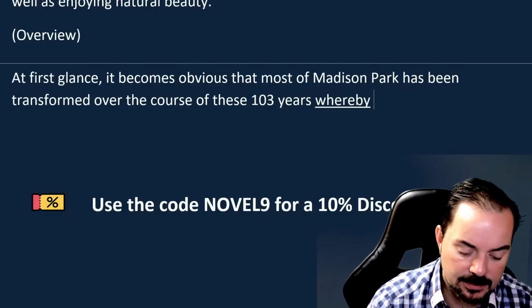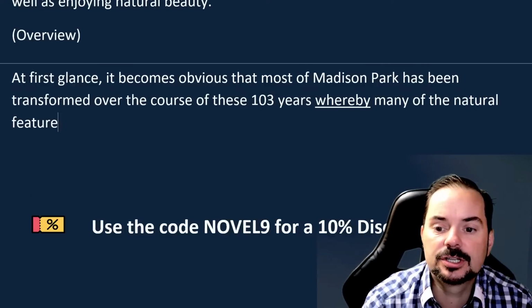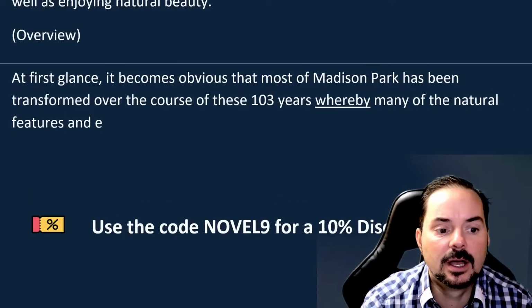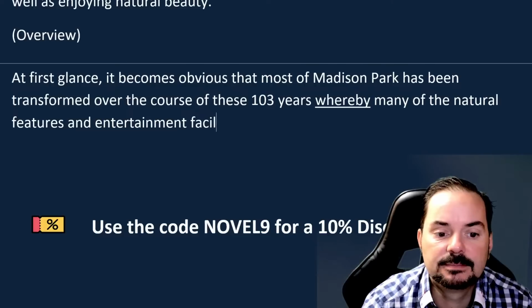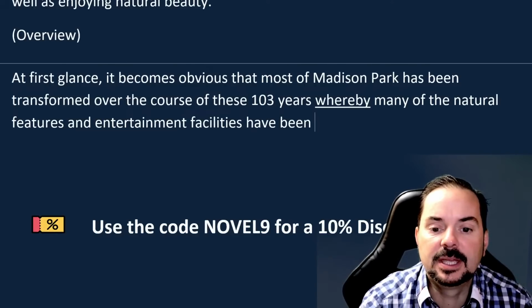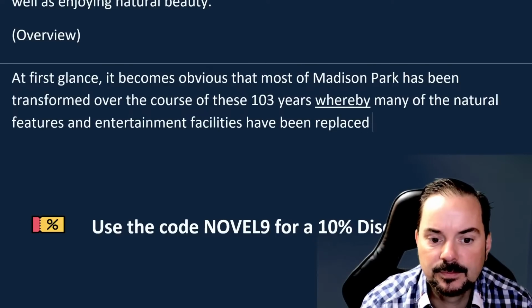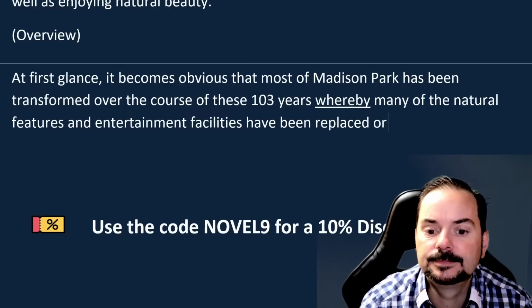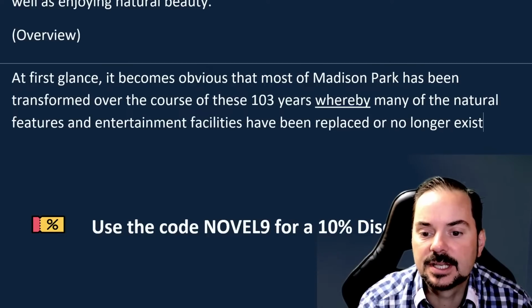whereby many of the natural features and entertainment facilities have been replaced or no longer exist.